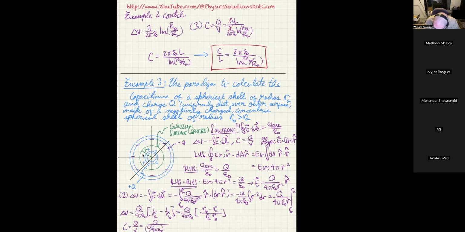And then when I divide all that, I'm going to get RB minus RA in the denominator, and I'm going to get RB in the numerator, so that now I can realize that the capacitance C is actually supposed to be 4 pi epsilon naught times RA RB divided by RB minus RA. And that's the capacitance. Anybody have any questions on that?